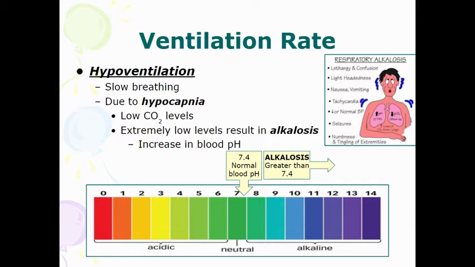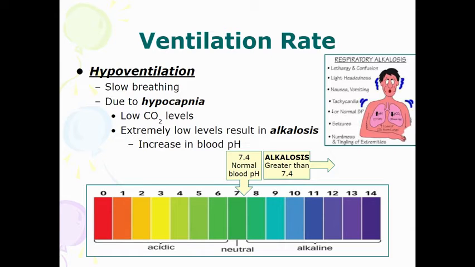Hypoventilation is slow breathing, and this is often due to hypocapnia. Hypocapnia means low carbon dioxide levels. When carbon dioxide levels are low, it means that the breathing is going to become slower. Extremely low carbon dioxide levels can result in alkalosis, which is an increase in blood pH.